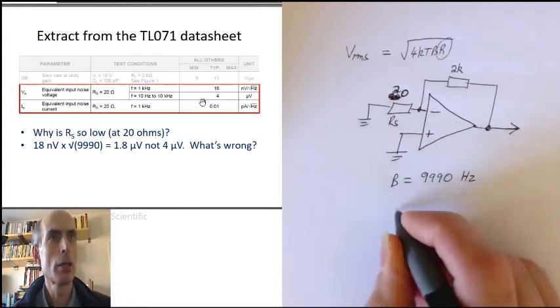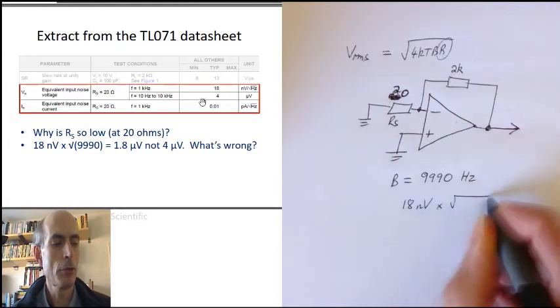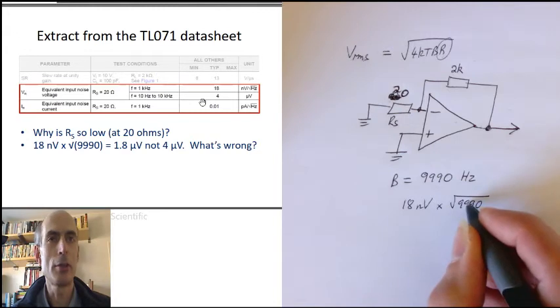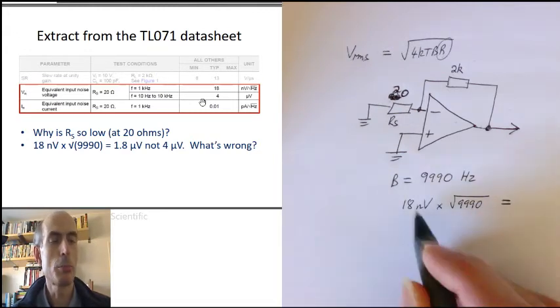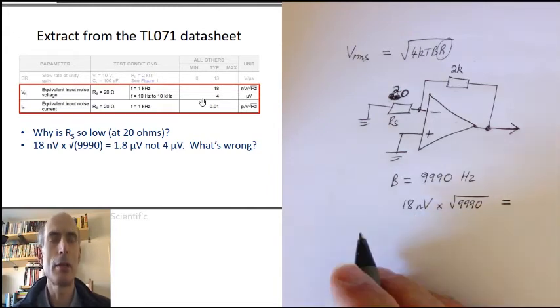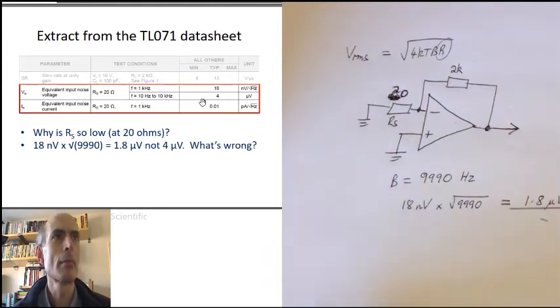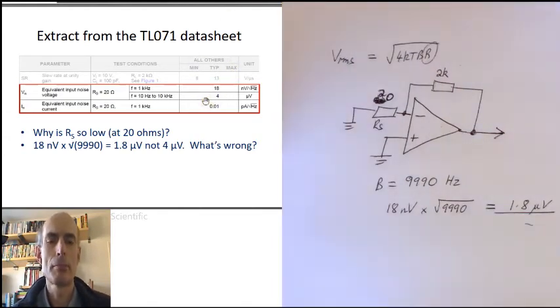If you take 18 nanovolts and multiply it by the square root of 9,990 Hz in order to calculate what the total output noise would be expected to be between 10 Hz and 10 kHz, then the answer that you get is 1.8 microvolts. But the datasheet says 4 microvolts. What's wrong?